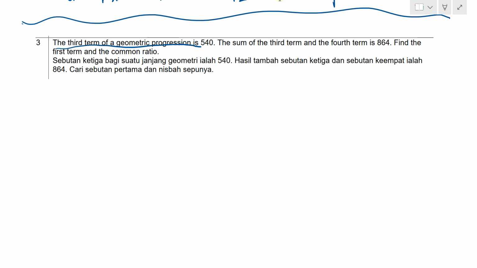Okay, let's try. Third term is T3. T3 is AR squared, equal to 540. The sum of the third term and fourth term is 864. Third term plus fourth term. Don't use the sum formula. This one is simple. They didn't say the sum of the first n terms, so we cannot use Sn.